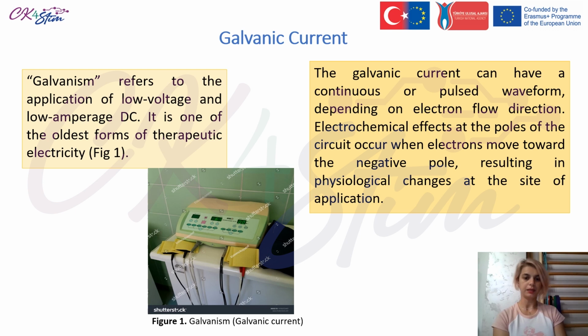During galvanic application, electrochemical reactions emerge at the poles of the circuit. So when electrons migrate towards the negative pole, they prompt physiological alterations at the application site. So this interaction plays a role in the therapeutic effect of galvanic current.